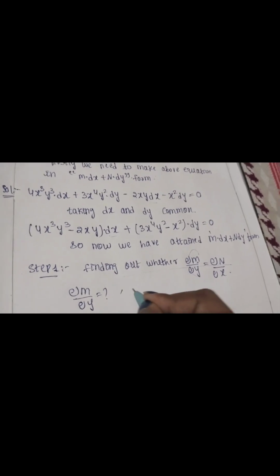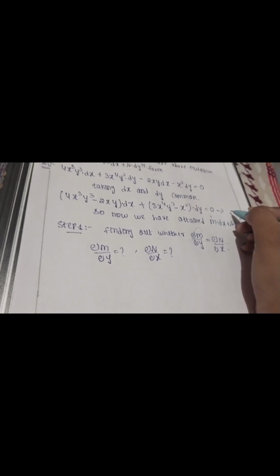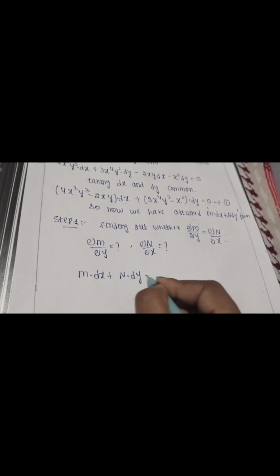To find this, we have to find the separate terms firstly. So now let's find dou m by dou y. For your clarification, I can write this. Let's take this one as equation 1 and m dx plus n dy as equation 2.